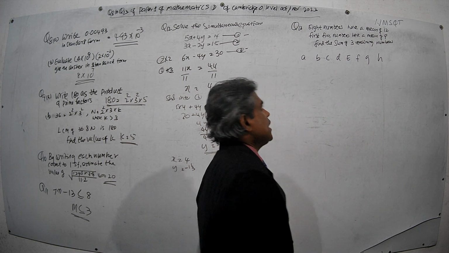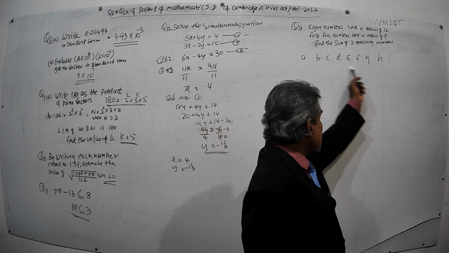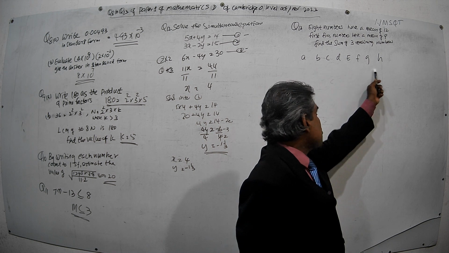That means how do you find the mean of these numbers? You add all the numbers, get the sum, and divide by the count.